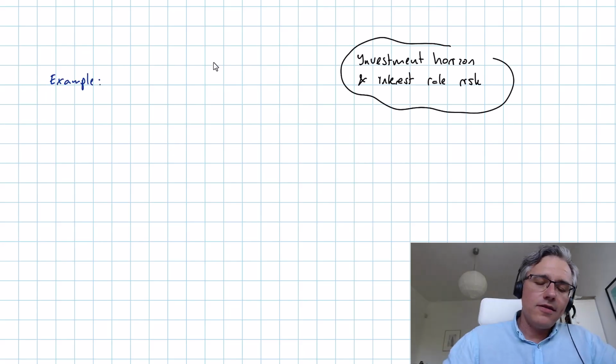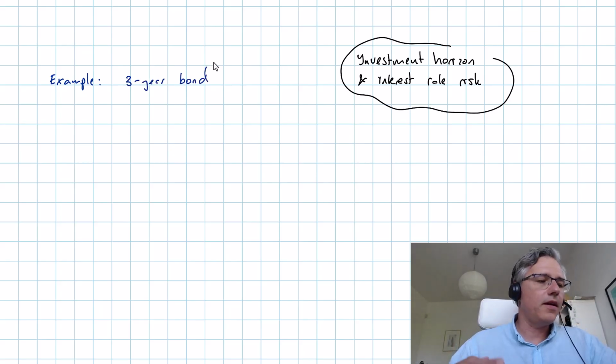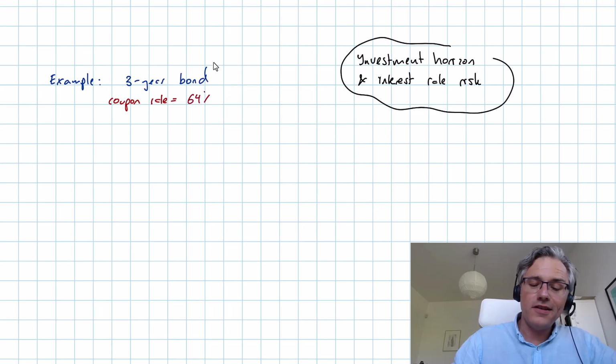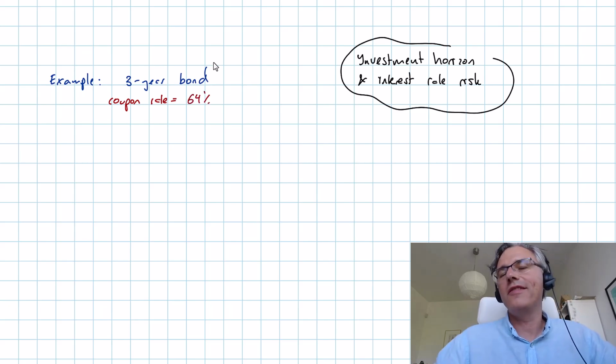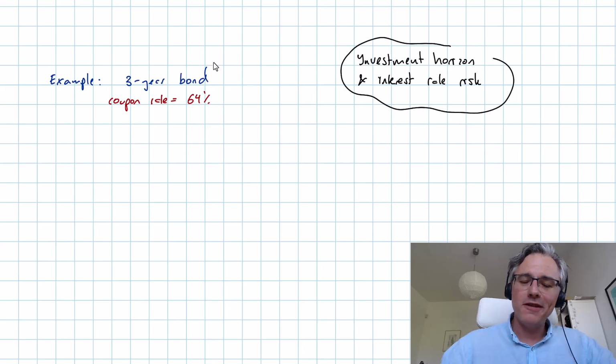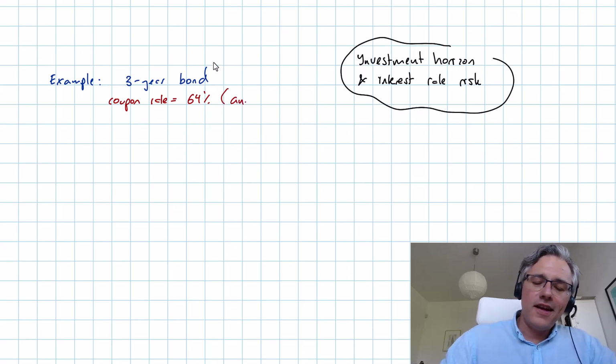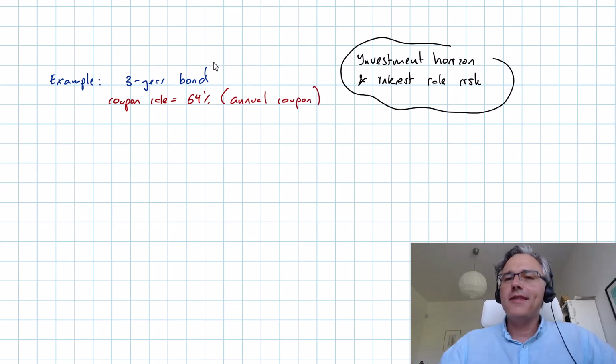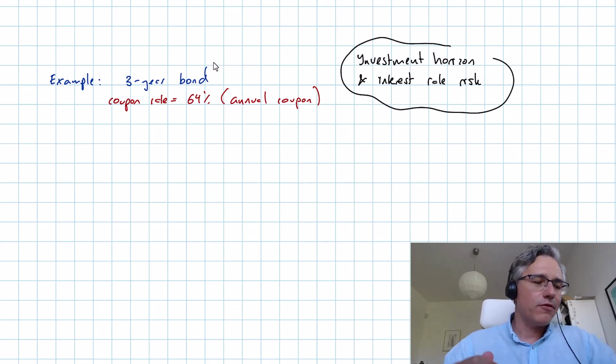So we're going to consider a 3-year bond that pays an annual coupon, and the coupon rate is going to be very high, 64%. I've made this intentionally so high because I wanted to get a specific result. Irrespective of this number being very extreme and very far from what you would normally see in an exam-style question, I think it will get the point across.